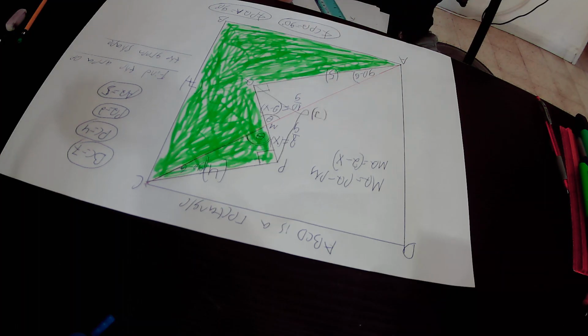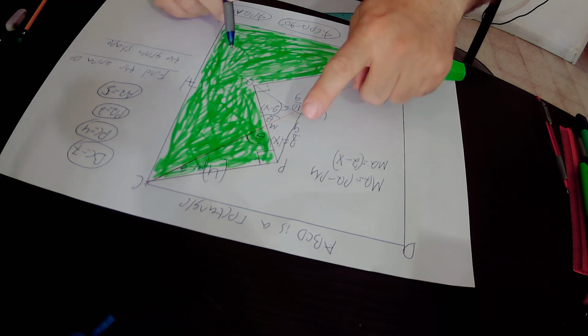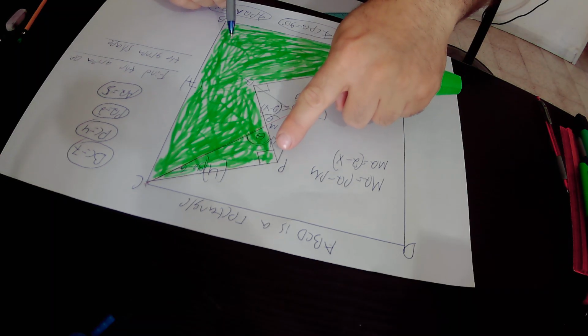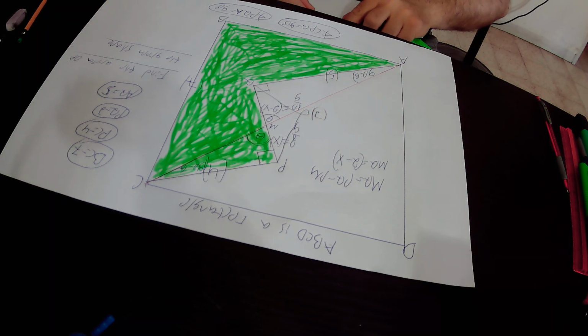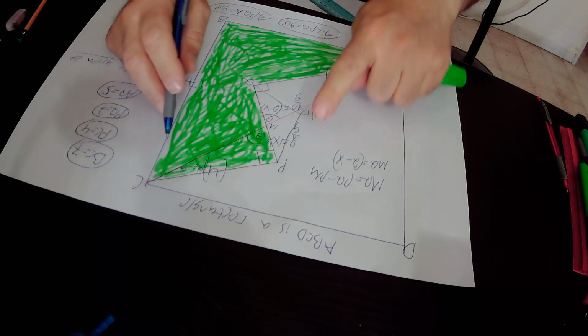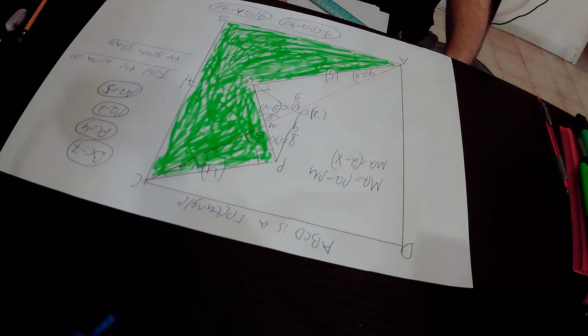Line segment PQ equals 2 units in length. This is angle CPQ, that is also a right angle. And finally, line segment CP equals 4 units in length.